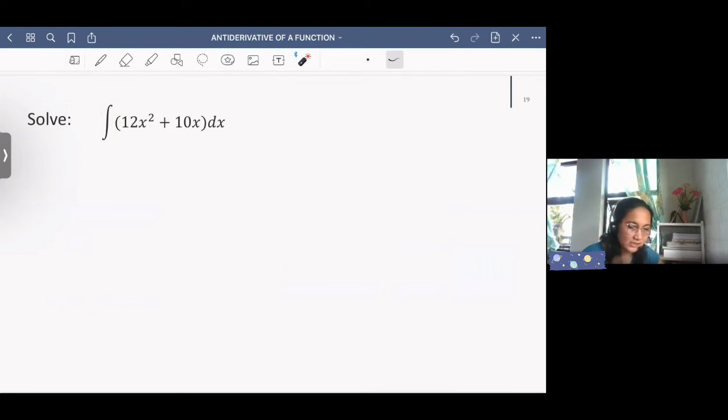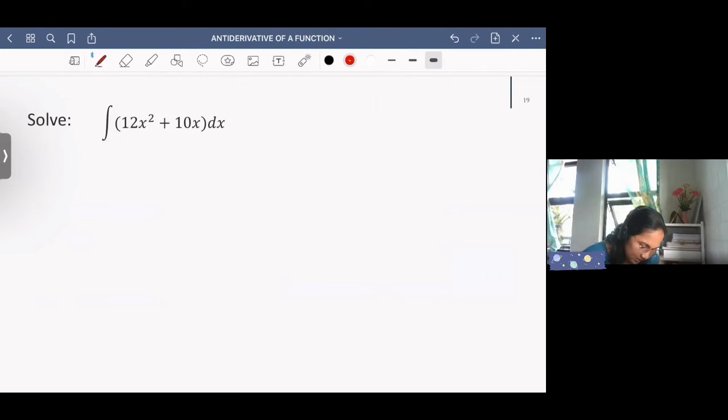So if you are dealing with binomial or any polynomial functions, make sure to enclose them in parentheses. For our solution in this example, let me just write it here.